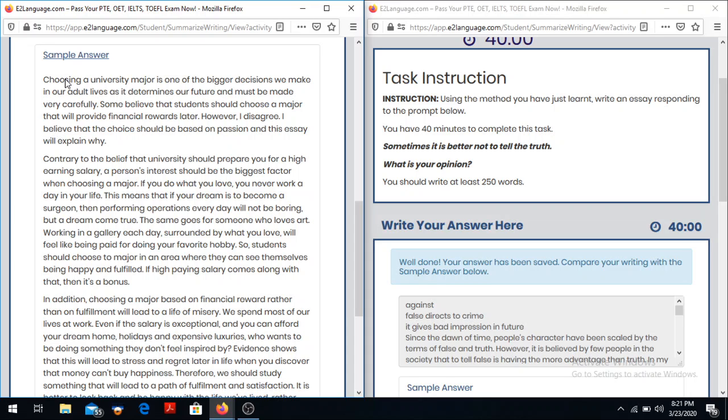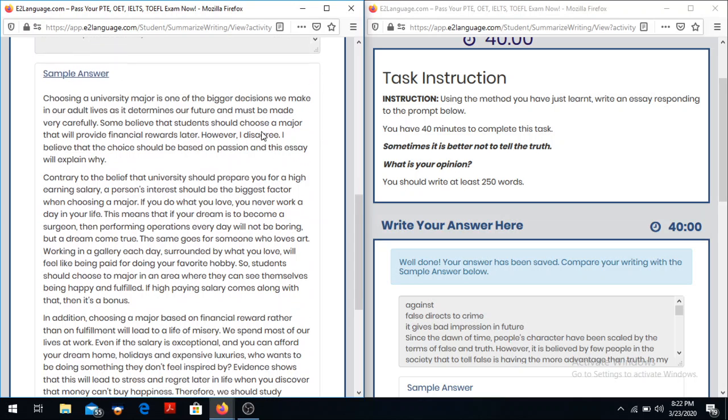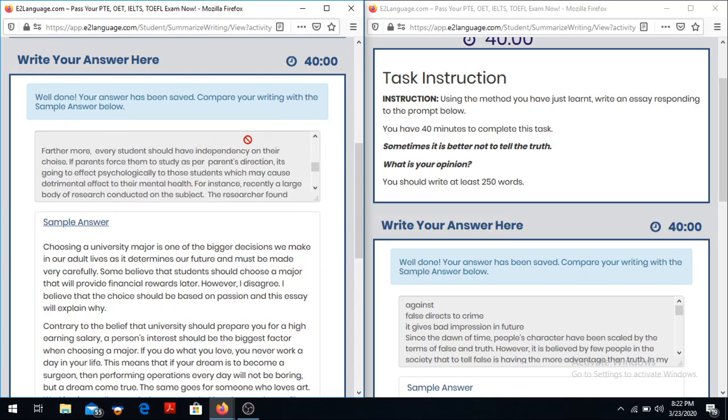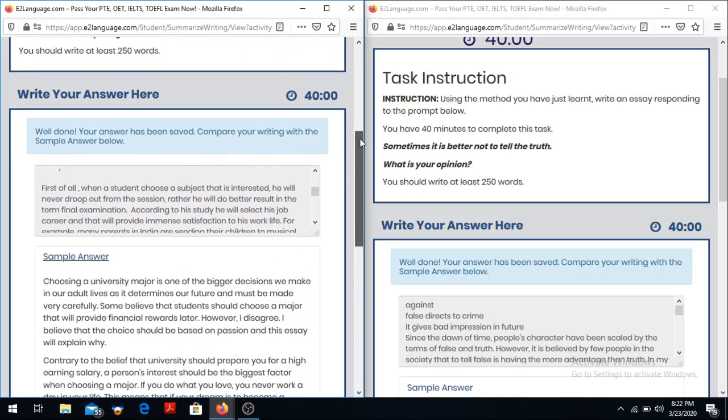It is written in the introduction: choosing a university major is one of the biggest decisions we make in our adult life, as it determines our future and must be made very carefully. So this is basically the neutral statement. So what is the question?